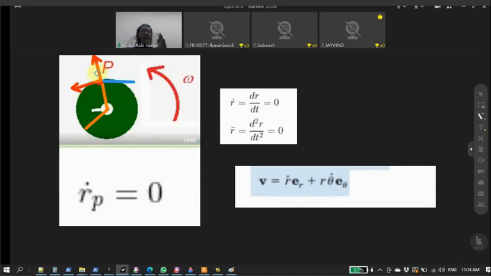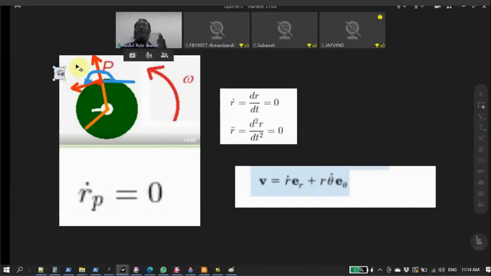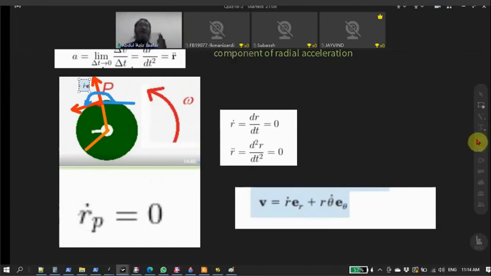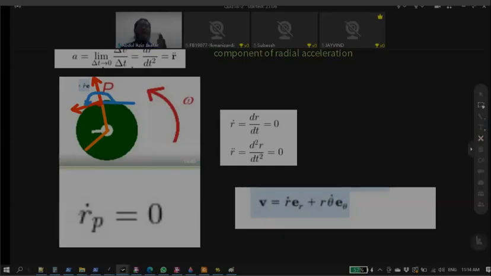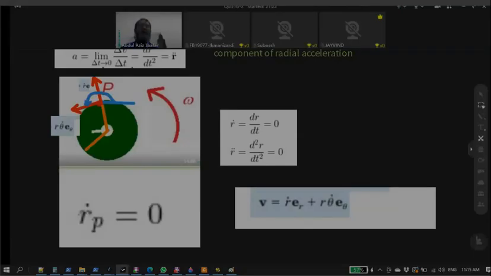So normally we have R first, and it will always make a 90-degree angle between the radial direction and the angular direction.